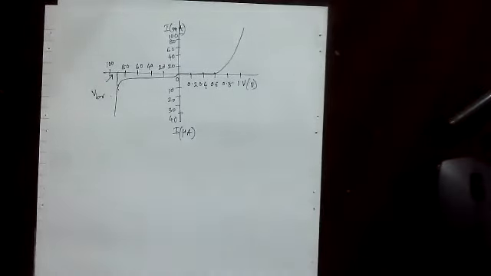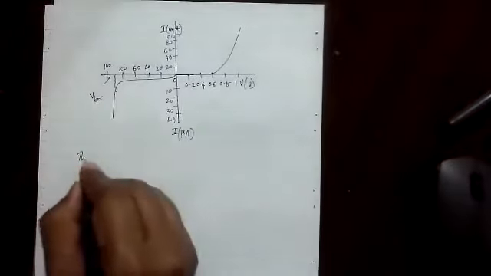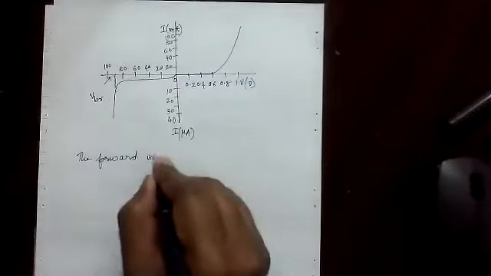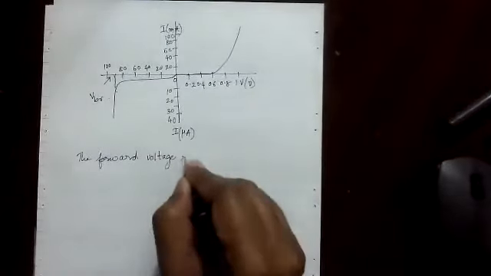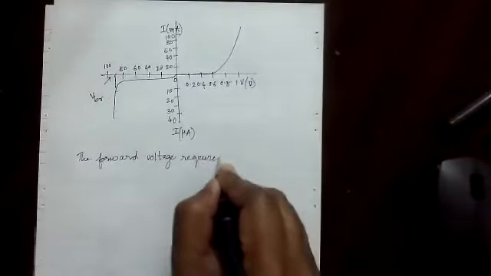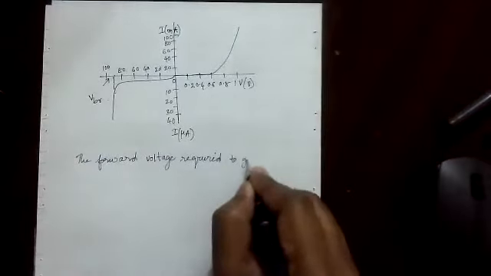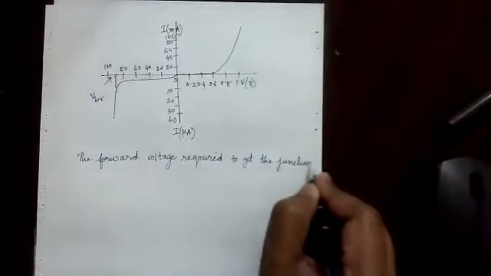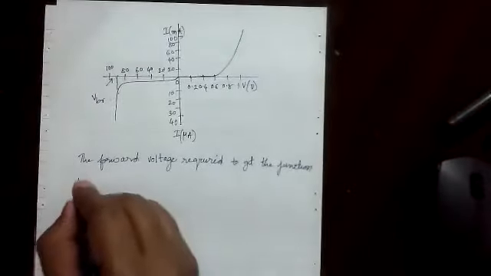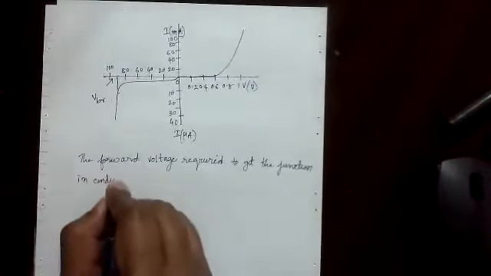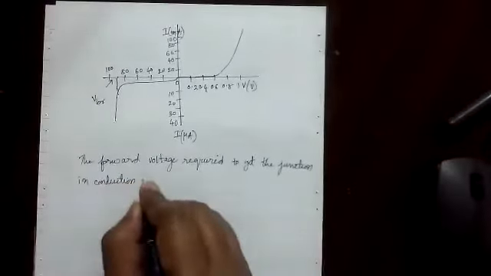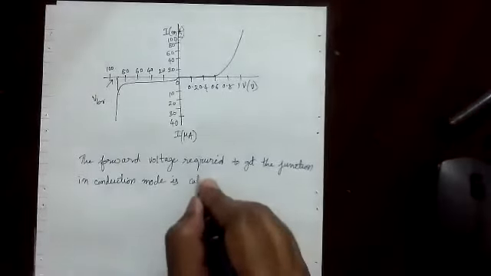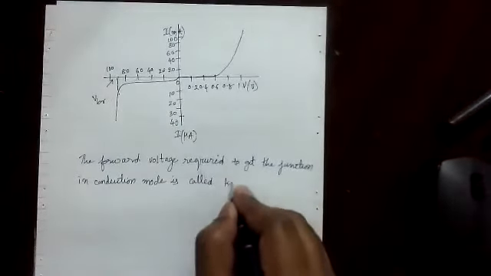I'll write that here. The definition: the forward voltage required to get the junction in conduction mode is called knee voltage or threshold voltage.